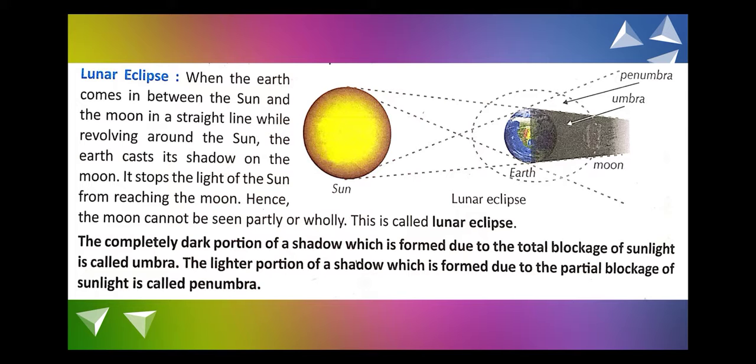The lighter portion of a shadow which is formed due to the partial blockage of sunlight is called penumbra. When the earth comes in between the sun and the moon, a shadow is formed on the moon. So there are two parts of the shadow. The darkest part of the shadow is called umbra, whereas the lighter part of the shadow is called penumbra. So this was the arrangement of a lunar eclipse.